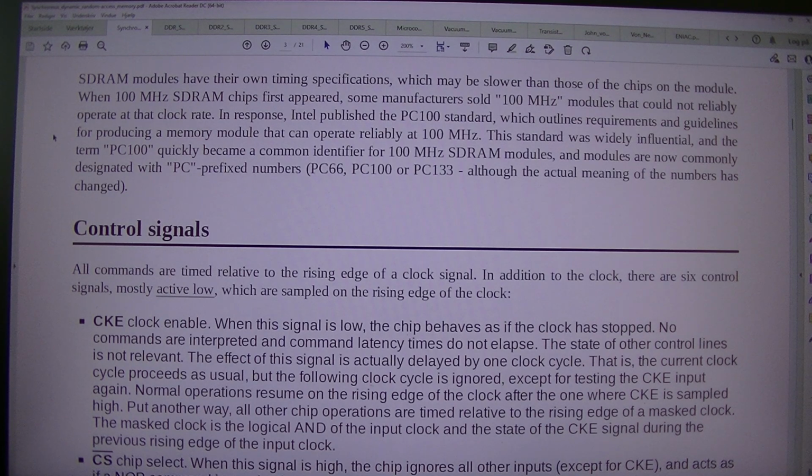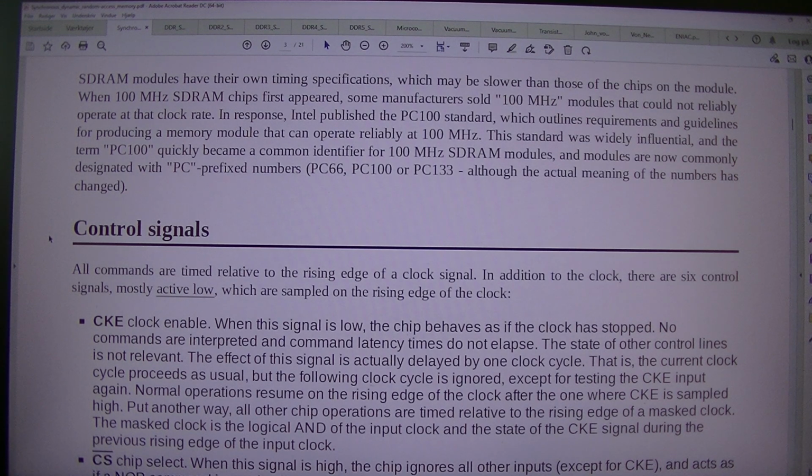This standard was widely influential, and the term PC100 quickly became a common identifier for 100 MHz DRAM modules, and modules are now commonly designated with PC-prefixed numbers (PC66, PC100 or PC133), although the actual meaning of the numbers has changed.